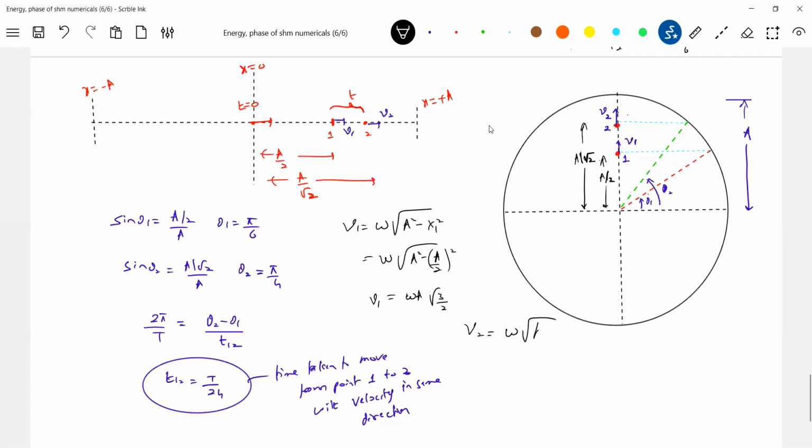V2 should be omega root of a square minus x2 square. What is x2? X2 will be a by root 2.